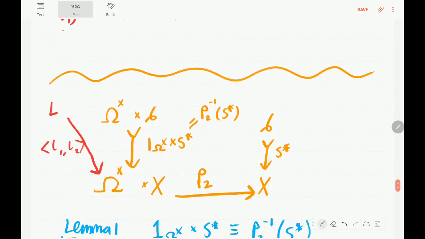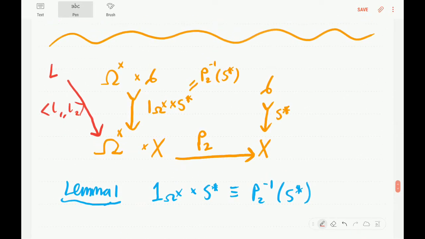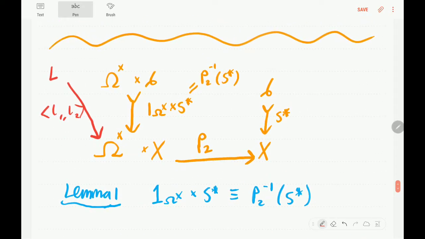What it says is that the pullback of s along p2 is equal to the identity arrow of omega to the power of x times s.